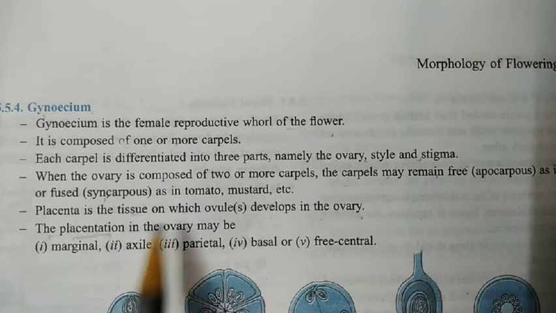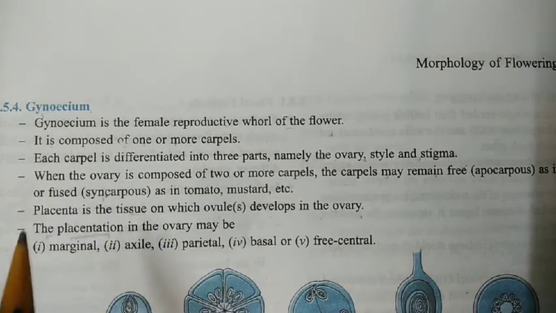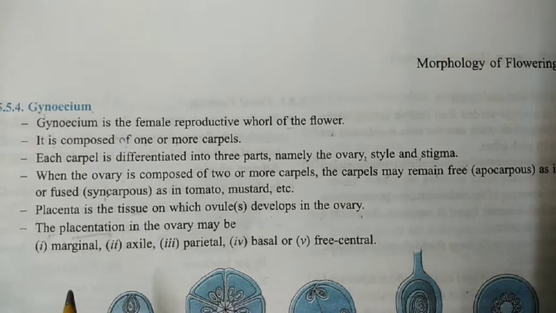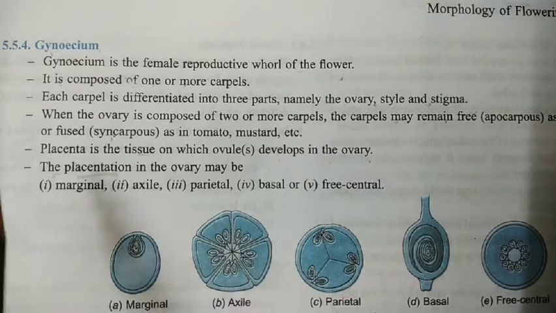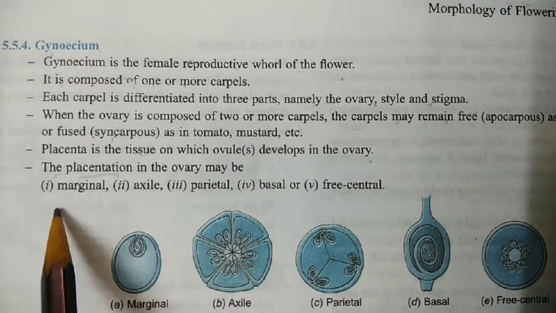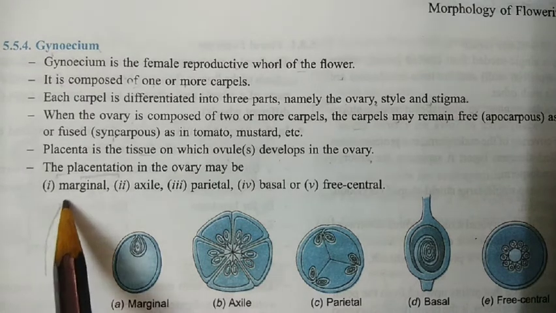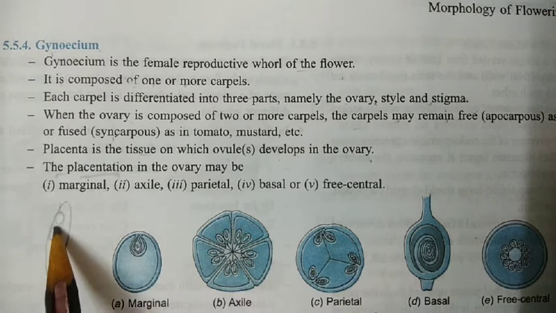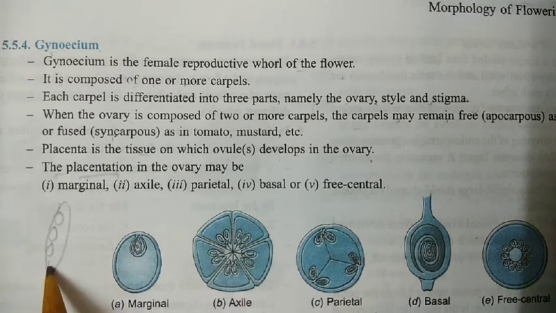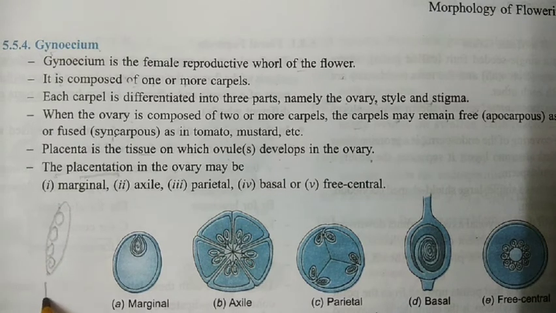The placentation in the ovary may be of different types, like marginal. Marginal, in this type, the ovules are present at the margin of the ovary, like in pea.